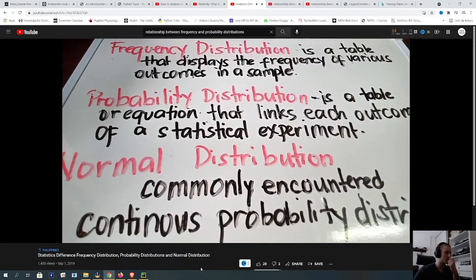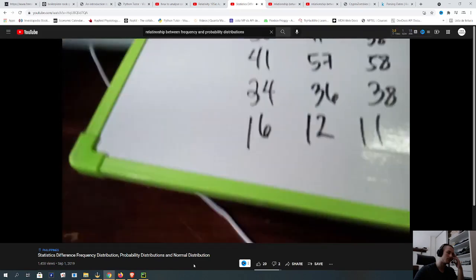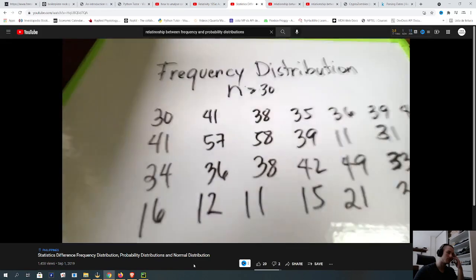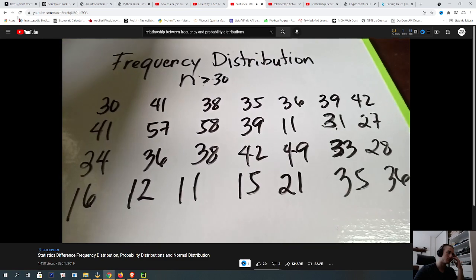In our next discussion, we will find out what the image is and what the difference is between these three. Okay, so number one, let's find out what a frequency distribution is.